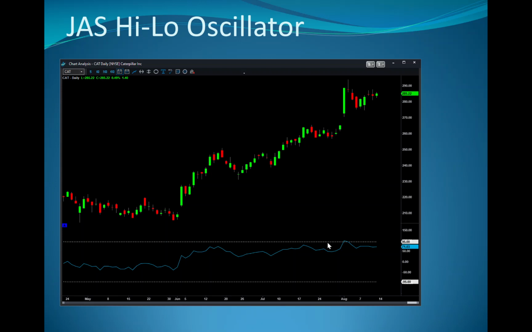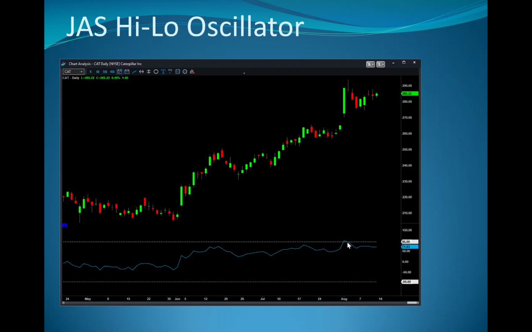The Hi-Lo Oscillator, another secret weapon adapted from some of the teachings of Ian Woodward. I try and find stocks that have a measured extension that is different or greater than the past 200 bars. So when I start to see that I'm getting up here, it's telling me it's extended. Now I also have it down here, which would tell me it's oversold.